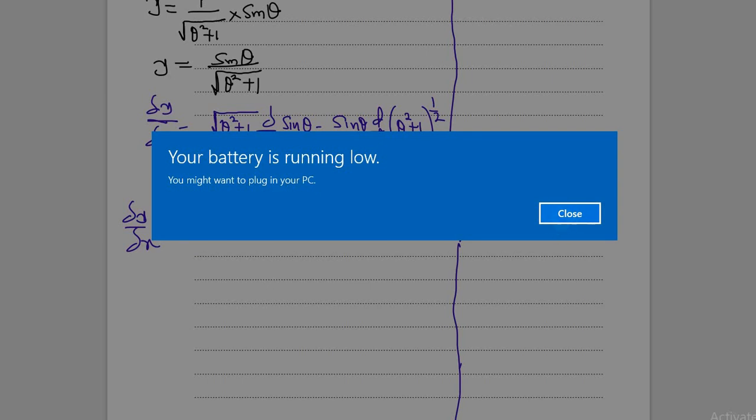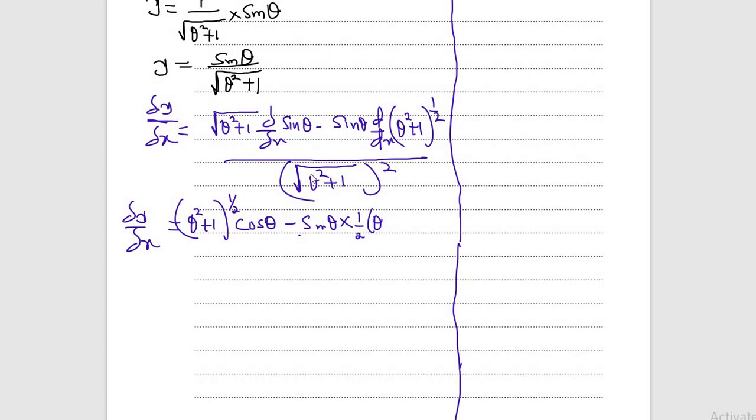Okay, so theta squared plus 1 to the power of half, bracket... sorry, again.